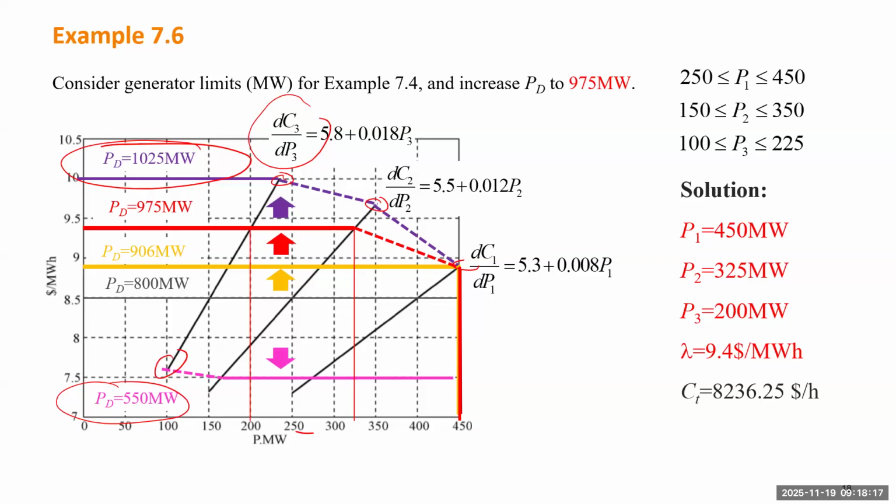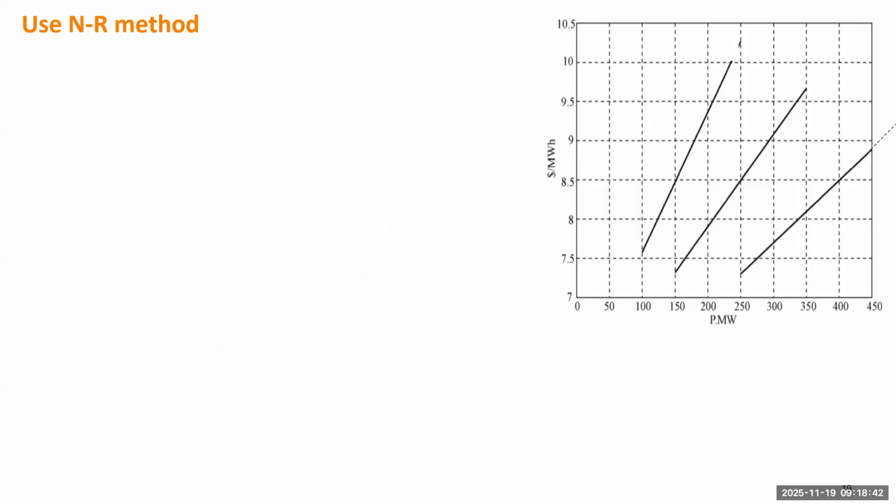That matches exactly what we concluded from previous slides. So for a more expensive unit, it may operate at lower limit. We try to minimize its output. But the other 2 units, unit 1 and 2, still operate at the same incremental cost. Okay, any question? Let's move on to solve this problem numerically by the Newton-Raphson approach.